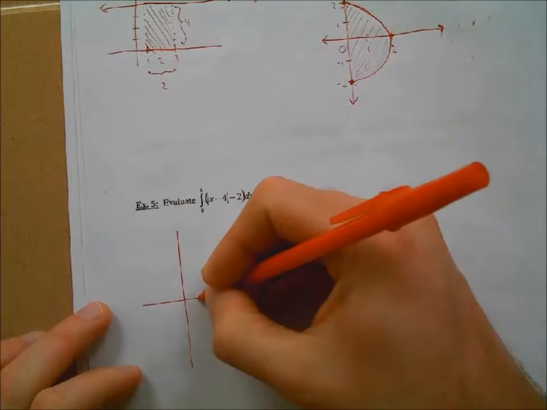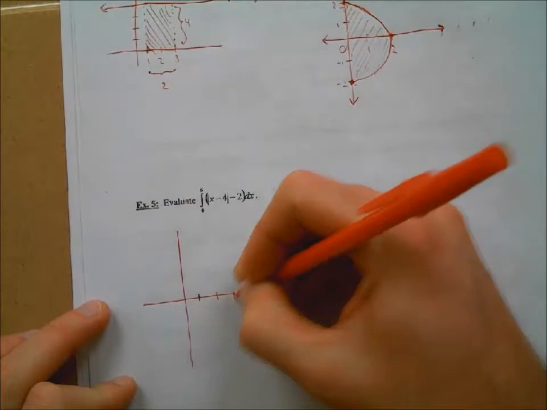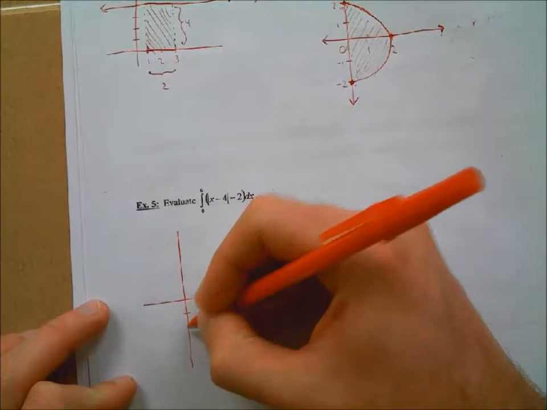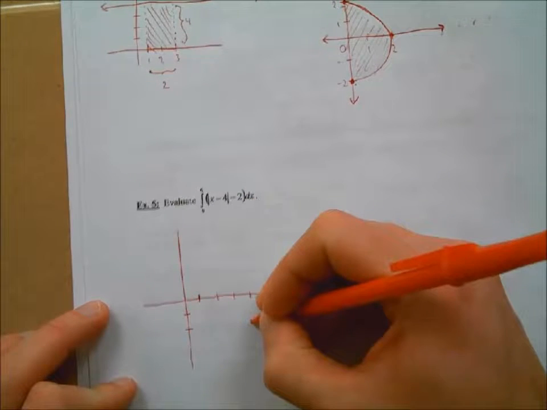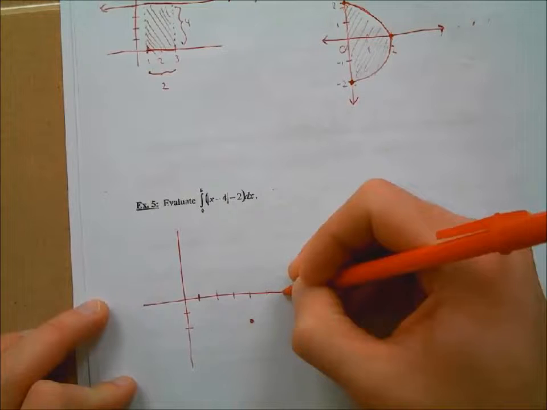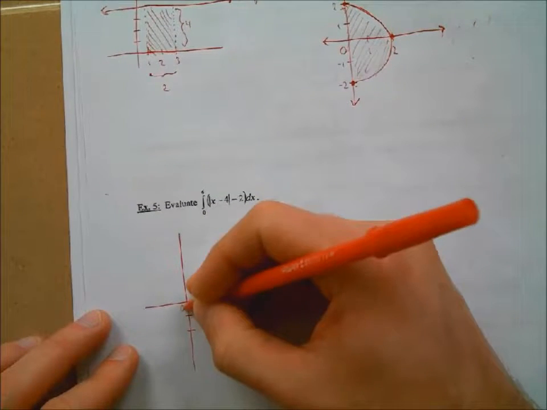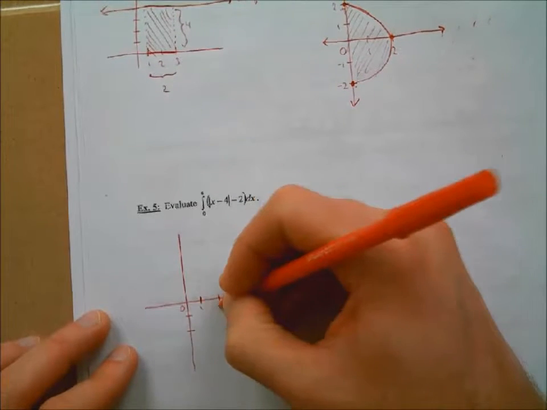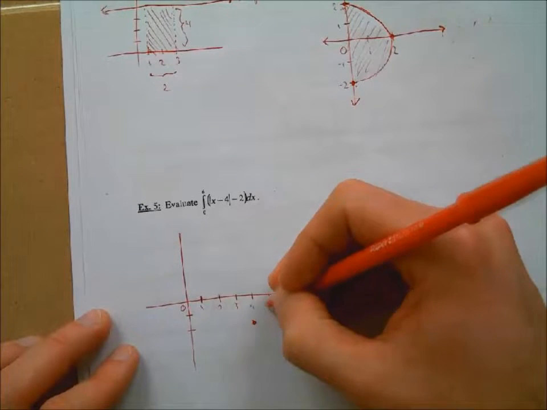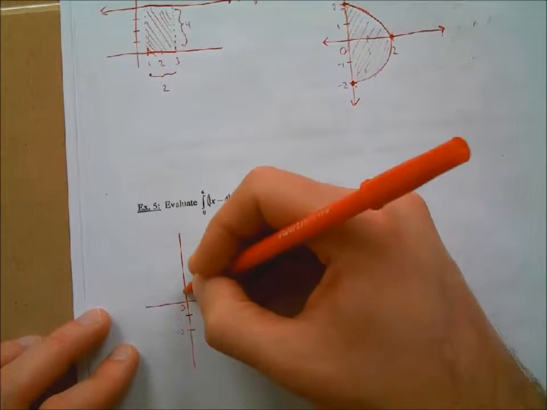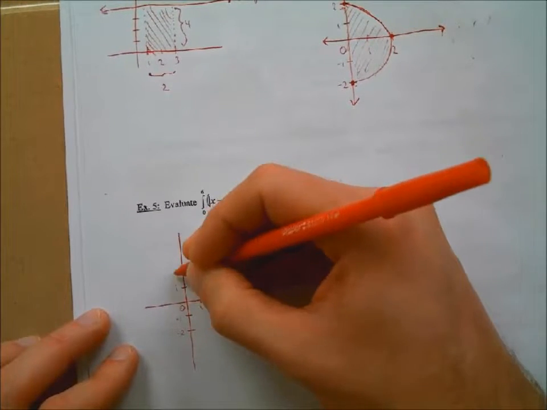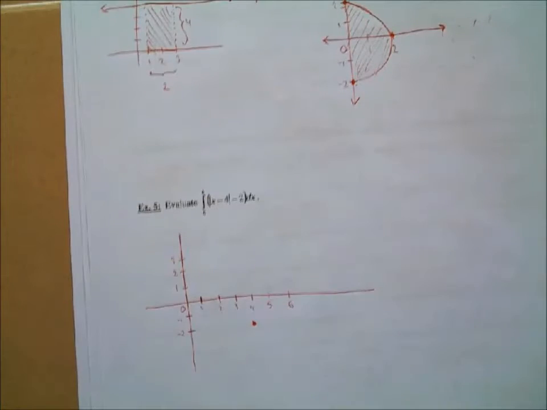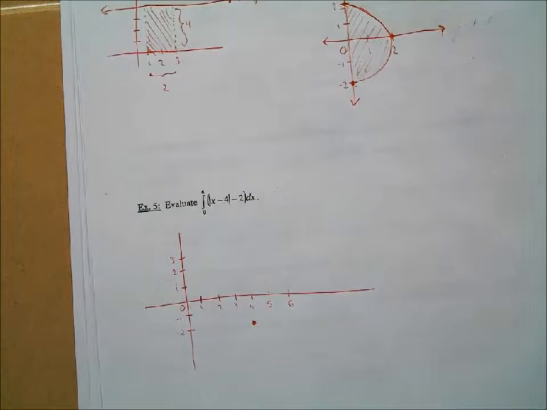So we'll go 1, 2, 3, 4 to the right, and down 1, 2, and there's where our new vertex will be. Now, how can we get more points? We could plug in points, right? But we can also just use the slope, right?